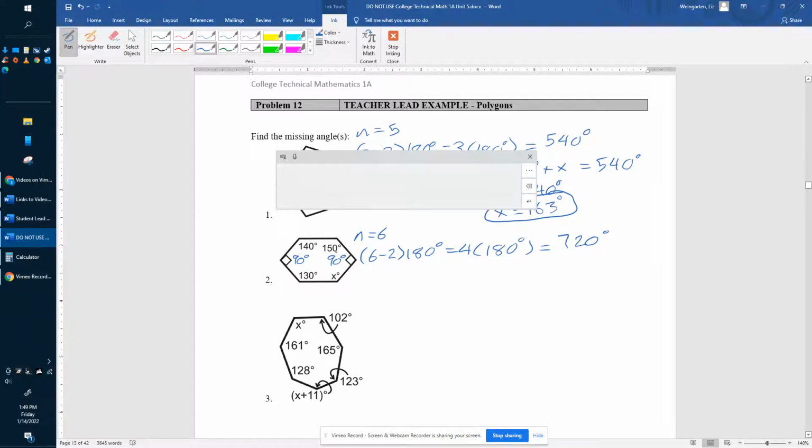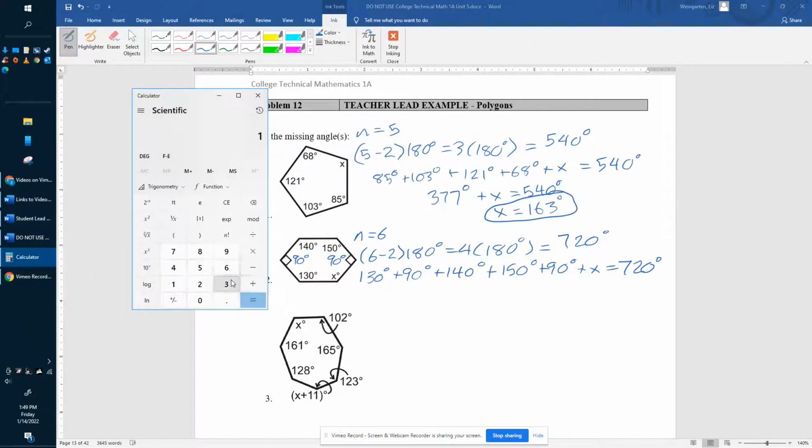So now all of these angles on the inside add up to 720 degrees. So let's add all these angles together. All right, we'll combine like terms.